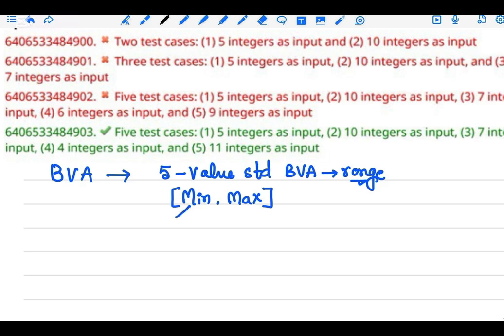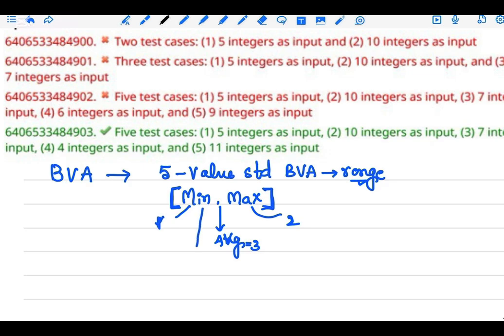Minimum value is 1, maximum value is 2, and the middle value, that is the average value or nominal value, within this range, minimum to maximum. This square bracket means it includes both the minimum value and the maximum value also.